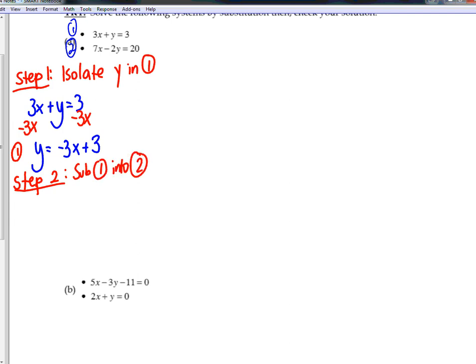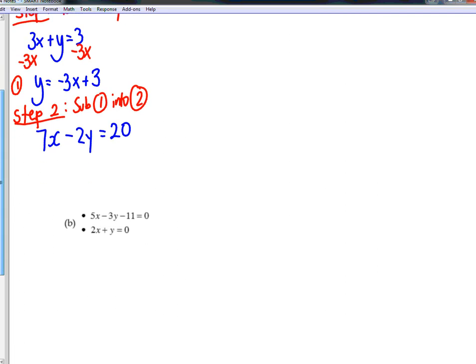I find it helpful to write out equation 2 first, and then maybe even just circle which variable we're replacing. Which variable are we replacing? It's y, because we made it y equals, so we're replacing the y.